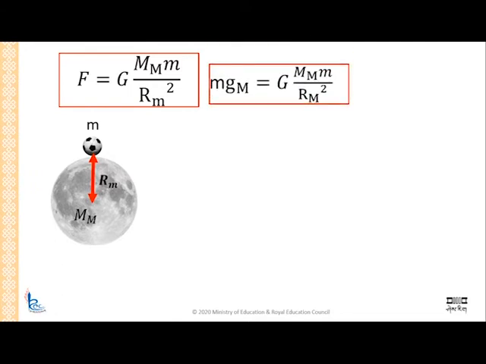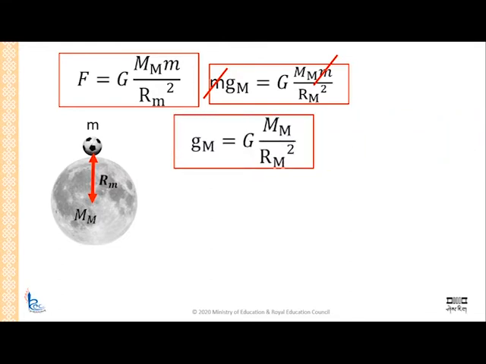Similarly, substituting F with g_m, here g_m is the acceleration due to gravity on the surface of the moon, which is equal to G M_m over R_m square. So again, cancelling the masses on both sides, we have g_m, that is the acceleration due to gravity on the moon, which is equal to G M_m over R_m square.